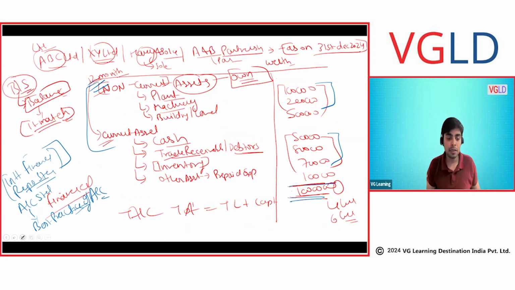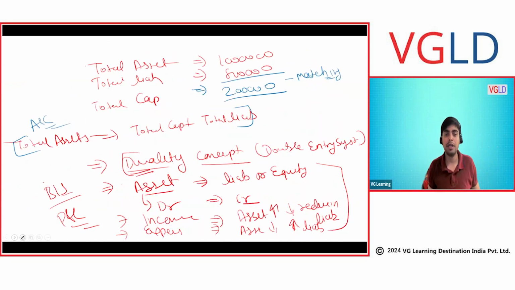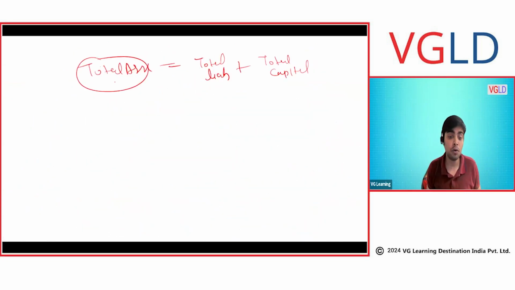Clear? So this accounting equation says that I own 10 lakh assets, out of which 4 lakh is financed by me with my own money, and 6 lakh is from the people's money, let's say the bank, let's say any creditor. Clear, Ritika?